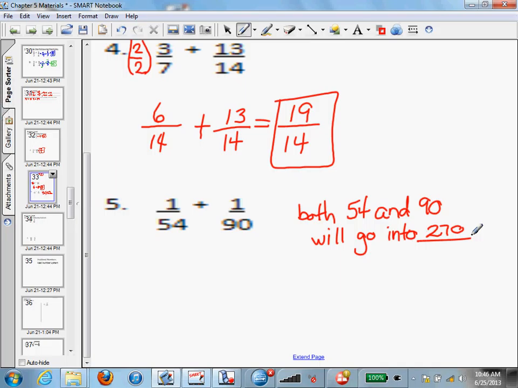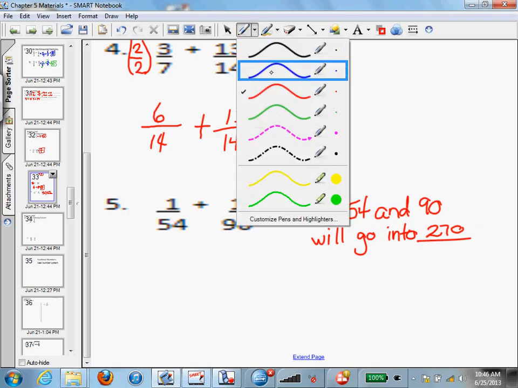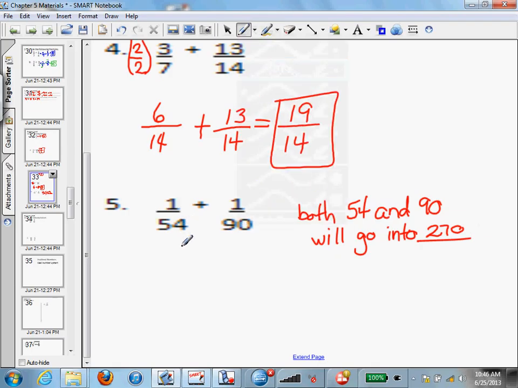So how do we make this 1 over 54 have the denominator of 270? We're going to have to multiply by 1 using the fraction 5 over 5. And we multiply 5 over 5 times 1 over 54, we get 5 over 270.